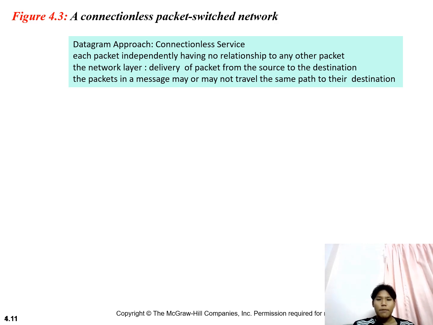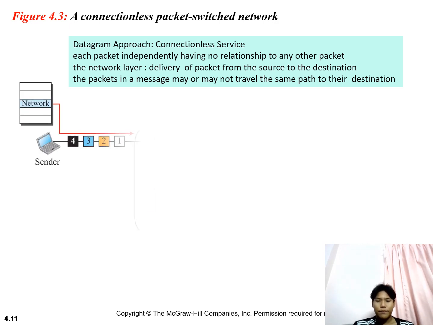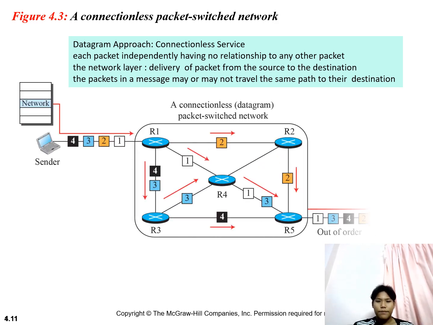The datagram approach is a connectionless packet switch network. Each packet is treated independently, having no relationship to any other packet. The network layer delivers a packet from the source to the destination. The packets in a message may or may not travel the same path to their destination, like this.